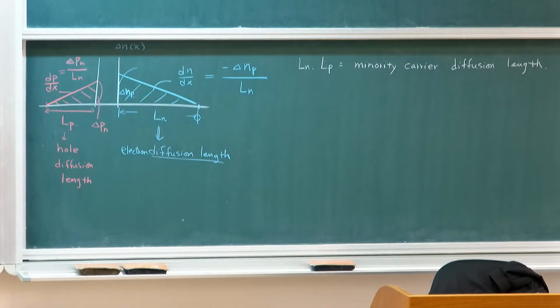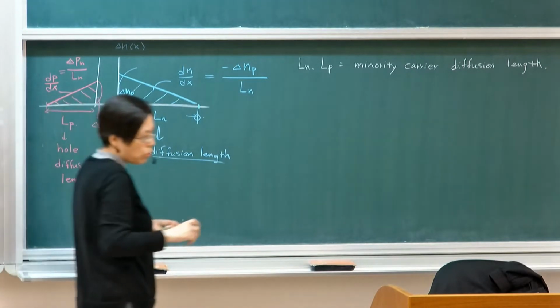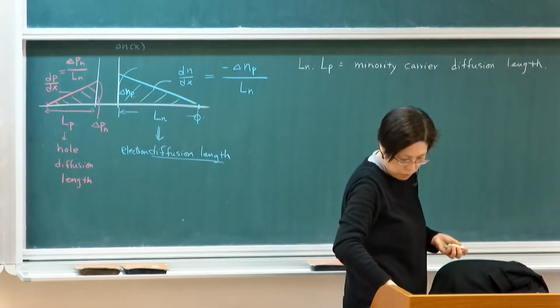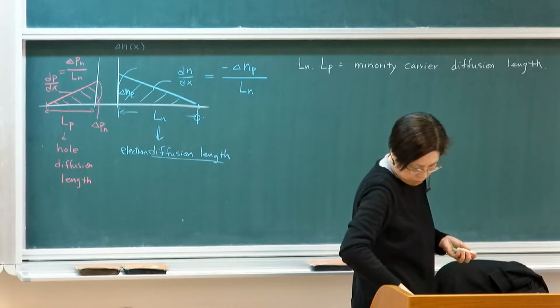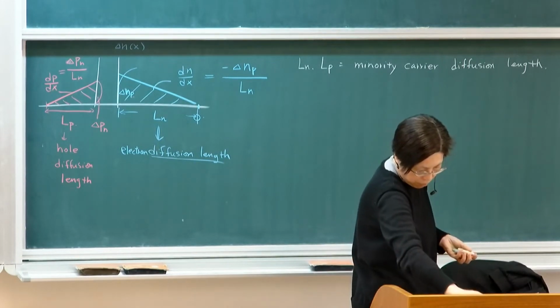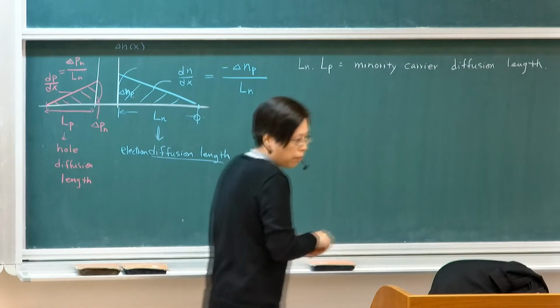Once I have the height and the distance, I already have the basic parameters to get the gradients. Once we have the gradients, we're ready for current. So let me see if I'm using J. Okay, I'm just using J.